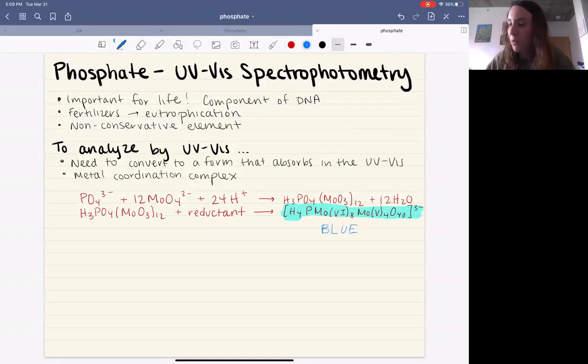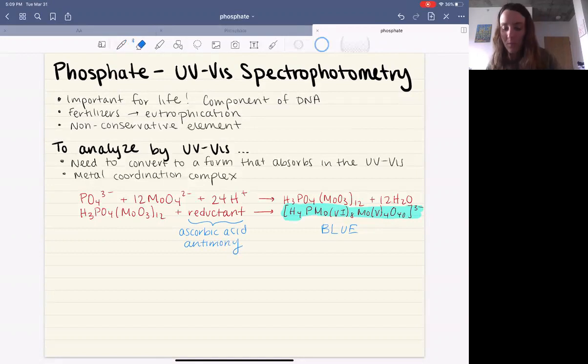And just one thing I do want to point out, this 6 and 5, that represents the oxidation state of these different molybdenum atoms. Also, this reductant is composed of ascorbic acid and an antimony. Okay. So that's what we'll be doing first. We need to convert any phosphate in our solutions into this blue form, because a colored compound, that means it can absorb in the visible range.